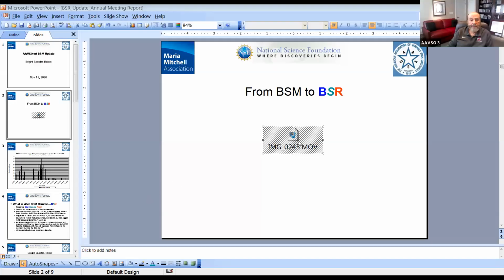Minimize PowerPoint. Okay, I know what you're saying now. Green box at the bottom of the share screen. There you go.